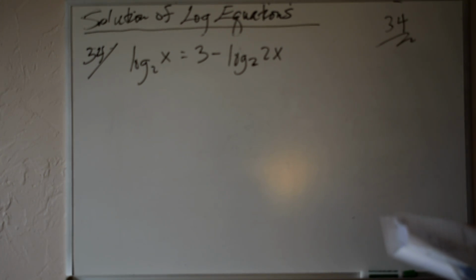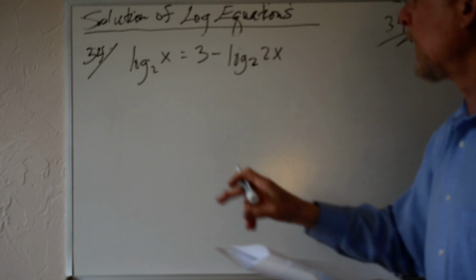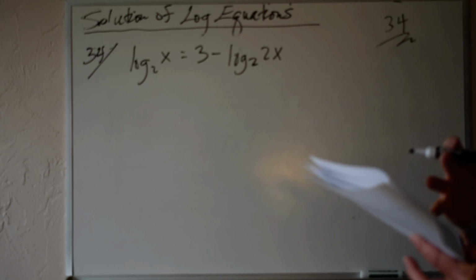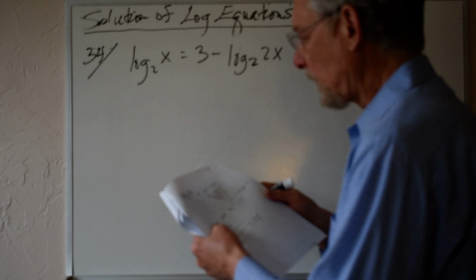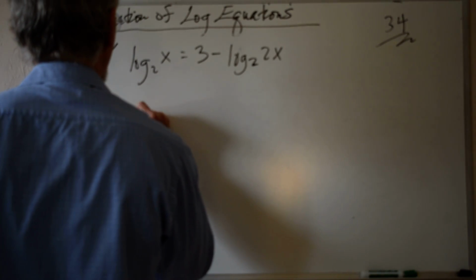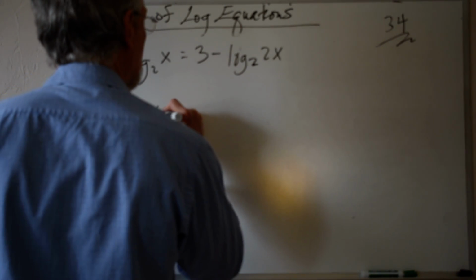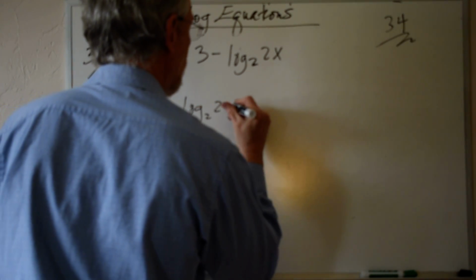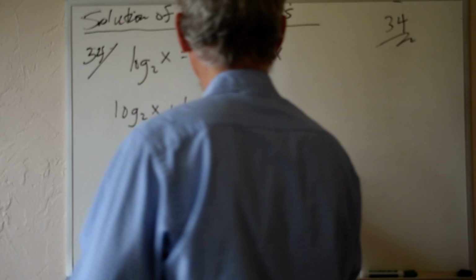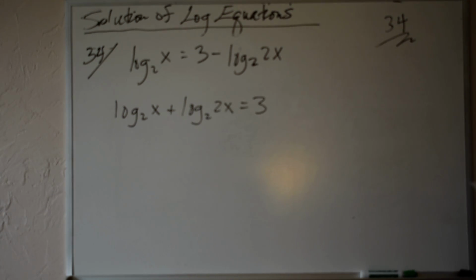That's nice. But we have two logarithmic expressions. We need to somehow combine them together to get just one. So what we can do is add the log base 2 of 2x to each side. So I arrive at that statement.